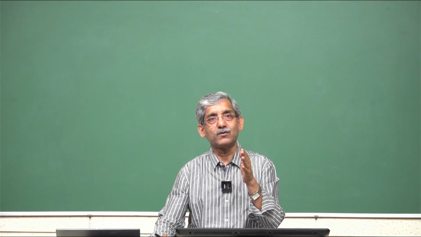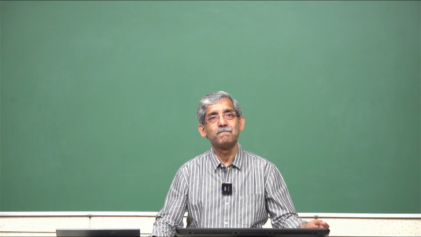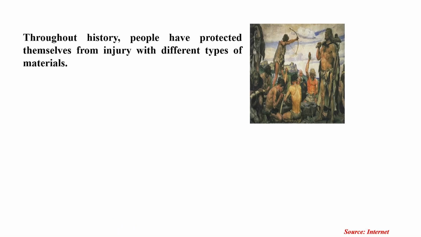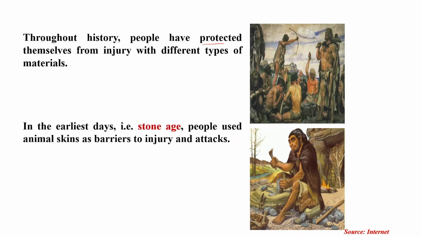Now let us try to understand how body armors evolved. Throughout history, people have protected themselves from injury with different types of materials. In the early ages, in the stone age, people used animal skins as a barrier to protect them from injury and attack.